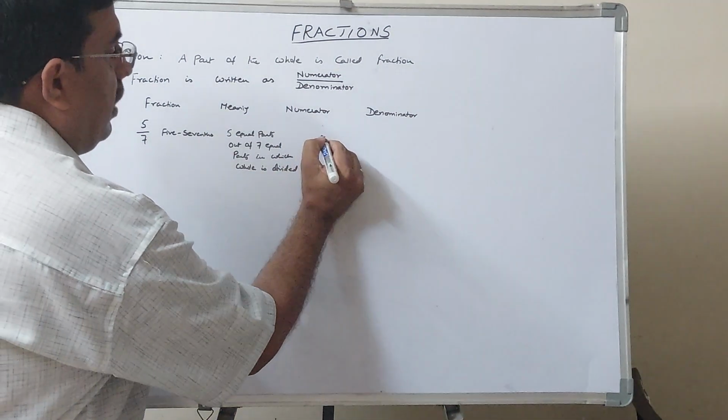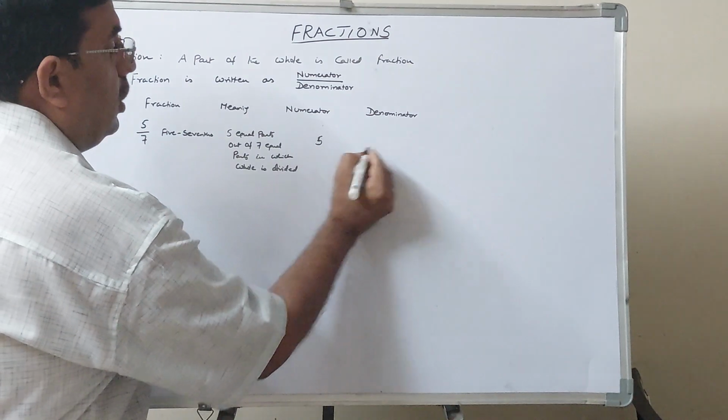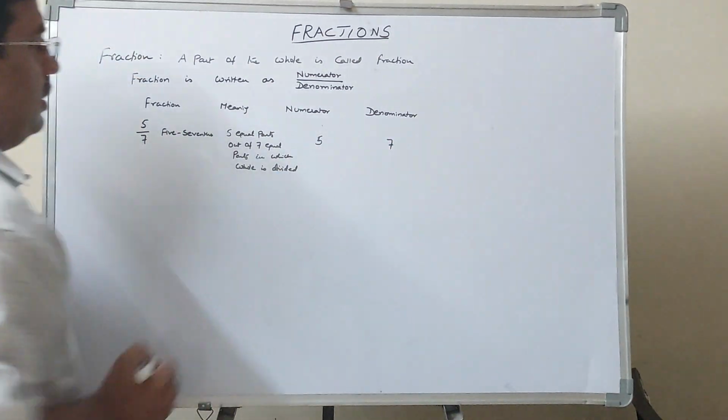The numerator here is 5. The denominator is 7. Okay? Understood or not?